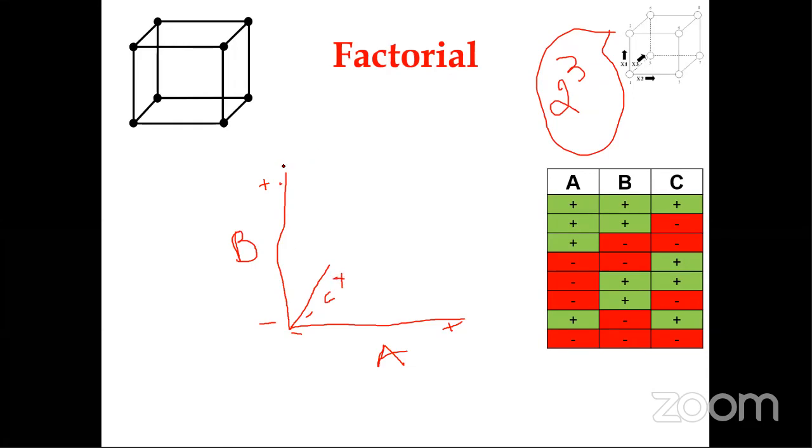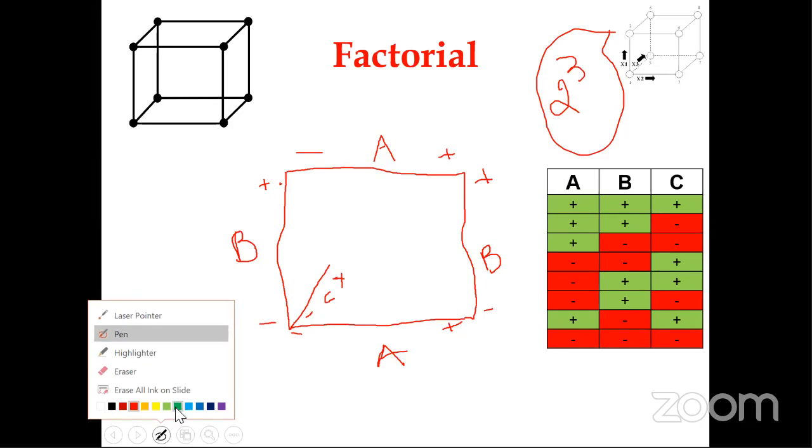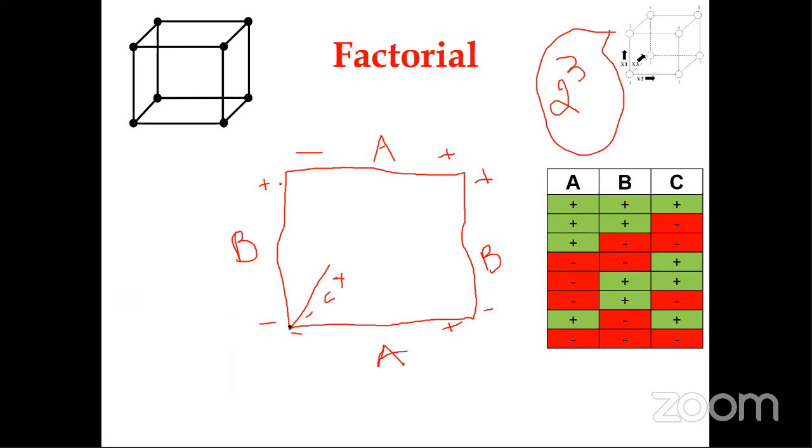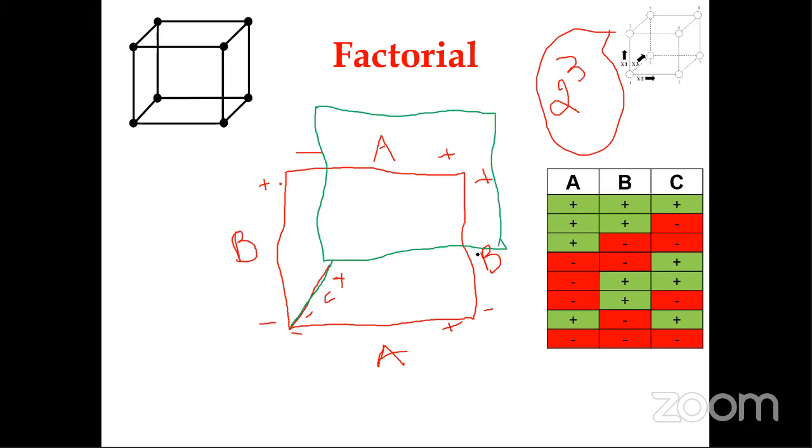From this you try to plot a cube. How do you plot a cube? As before we have seen, let us merge this. A minus, A plus, B minus, B plus. Now I'm plotting C. Sorry, I couldn't draw properly, because if it is a board, we can do that properly.